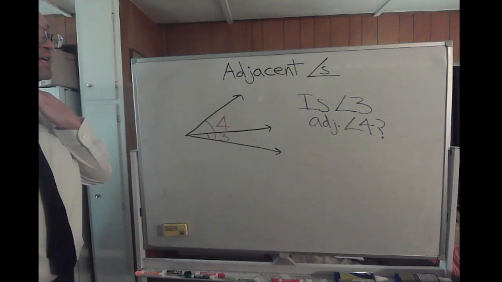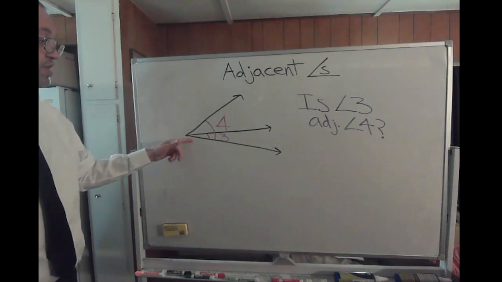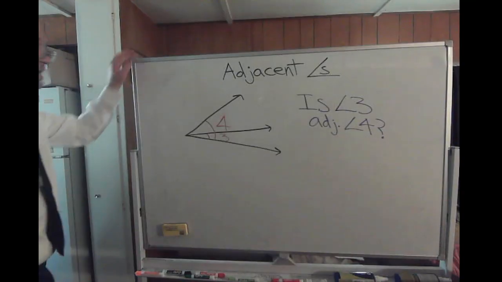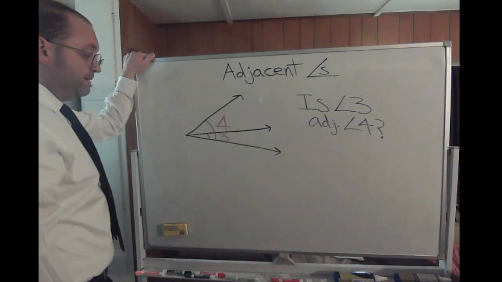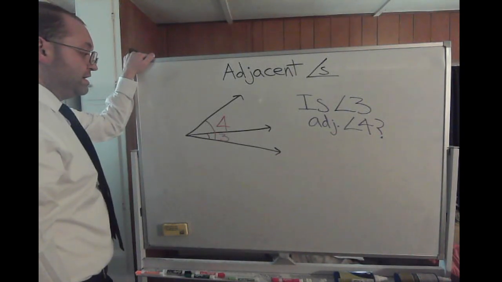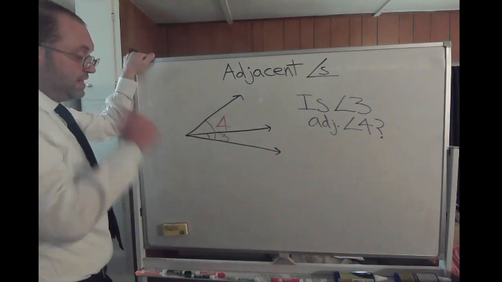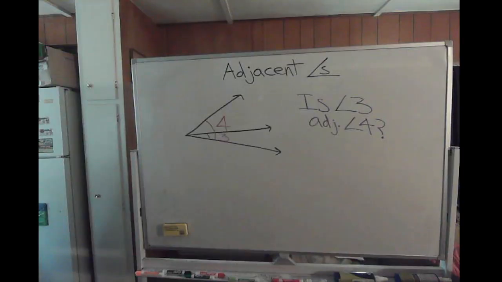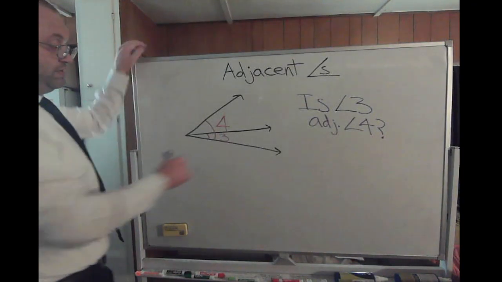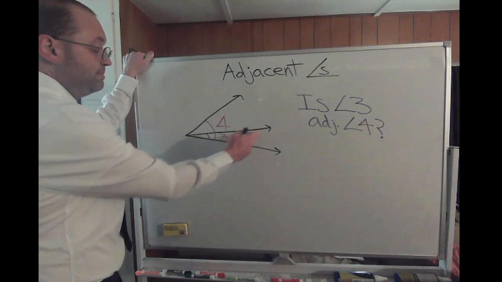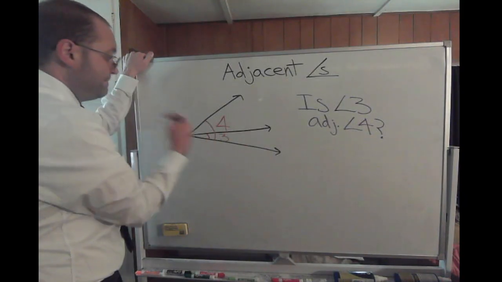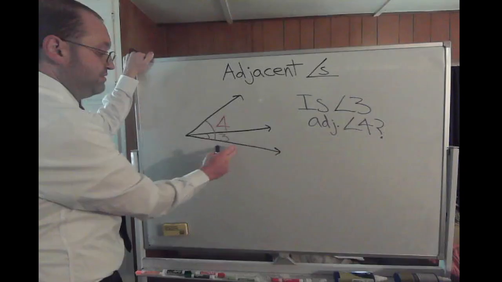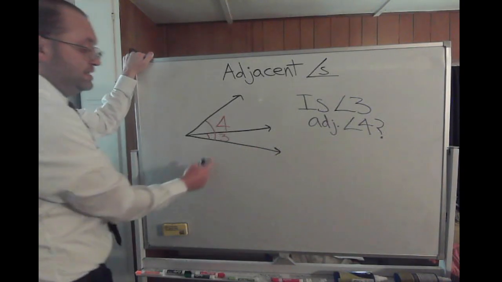Are they adjacent angles? Well, we know they share a common vertex, right? That part's present. It would seem like they have a common side with this bottom piece.